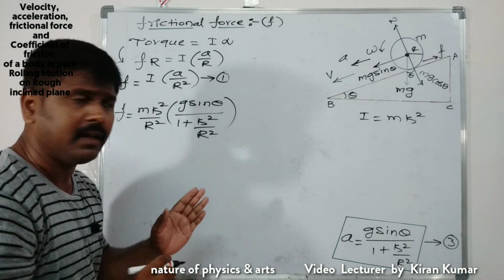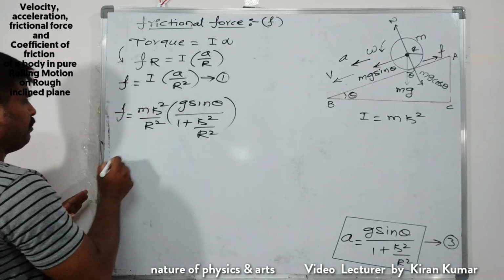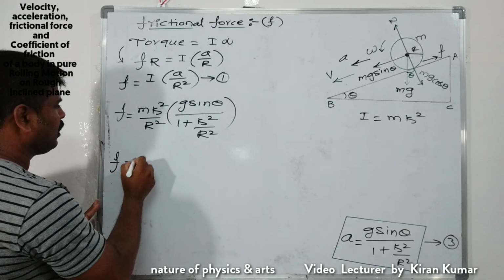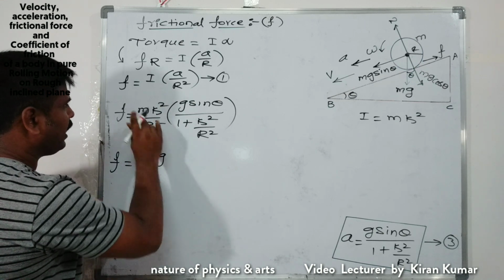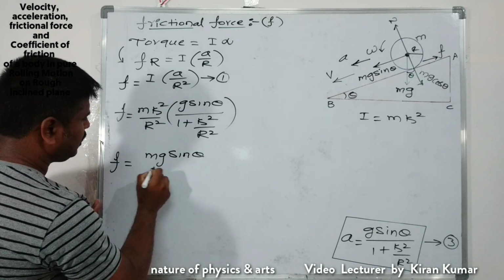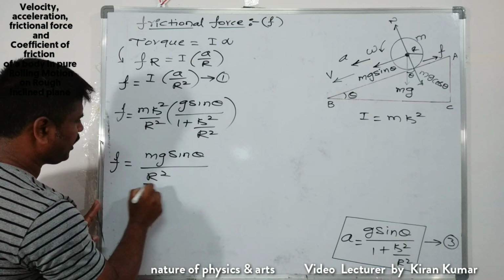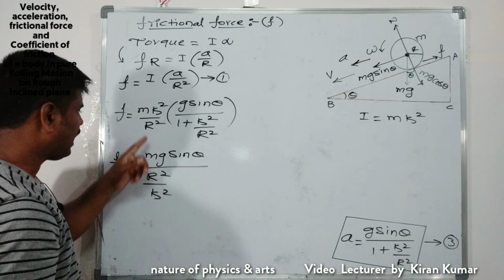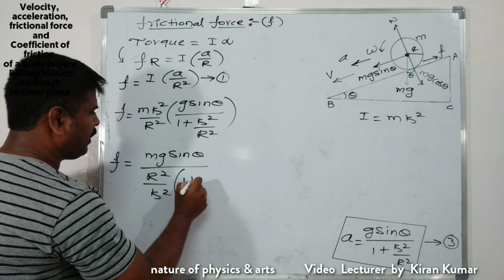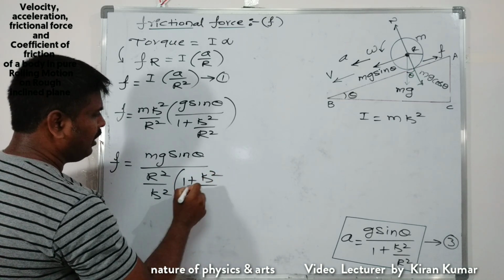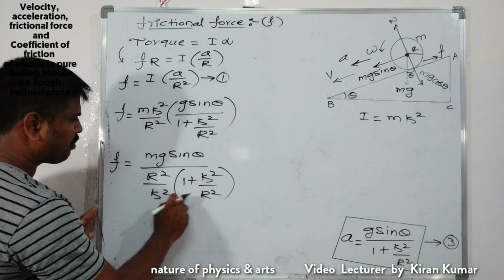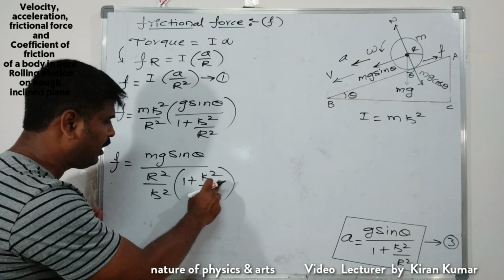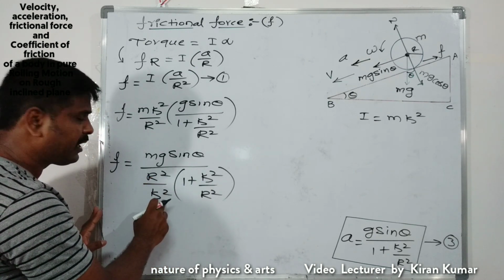Try to understand, here we can modify this equation. Frictional force F is equal to the numerator m into g sin theta, divided by r square divided by k square, with k moved from numerator to denominator, times 1 plus k square divided by r square. Here r square and k square get cancelled, so we have 1 into r square divided by k square.